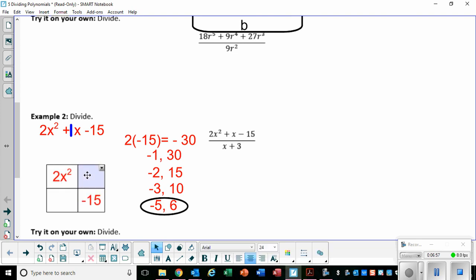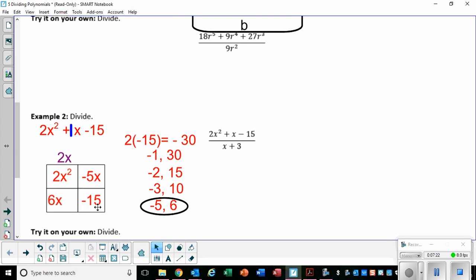And I'm going to fill it in with a negative 5x and a 6x. Those two boxes should always have the variable in it. So now I can go ahead and GCF it. 2x squared and 6x, they're both divisible by 2 and they both have an x to give, so 2x is what I can pull out.